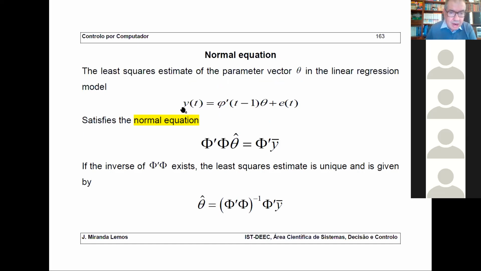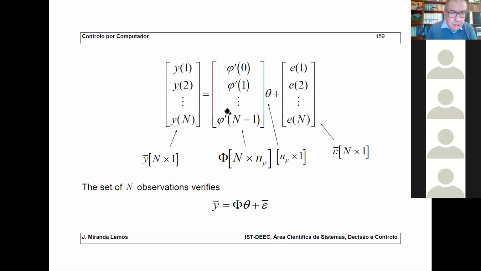If you have the linear regression model, okay, you can write this matrix phi by making the elements of phi transpose to be the elements of this matrix phi. So this matrix is, remember, built in this way in slide 159. Okay.